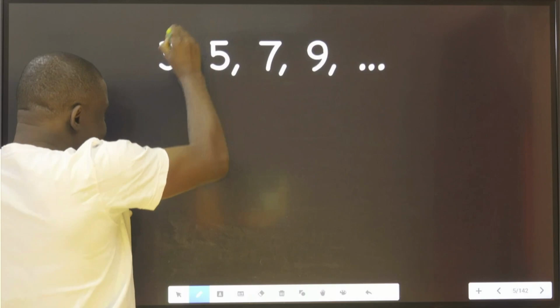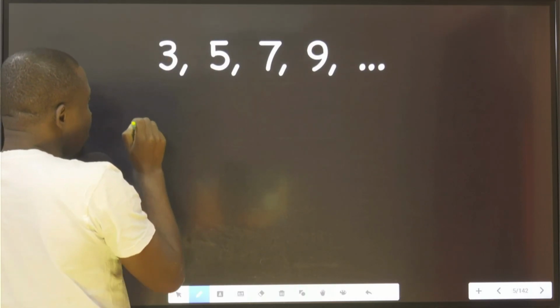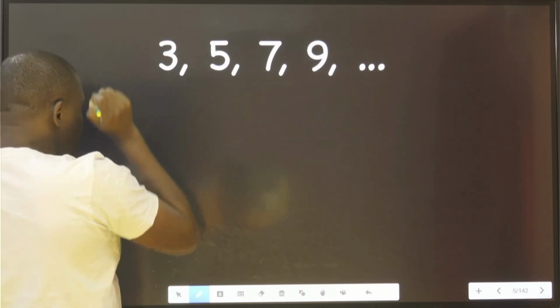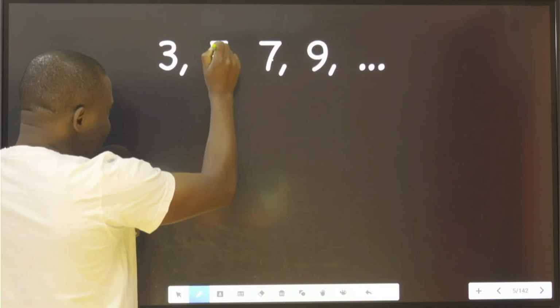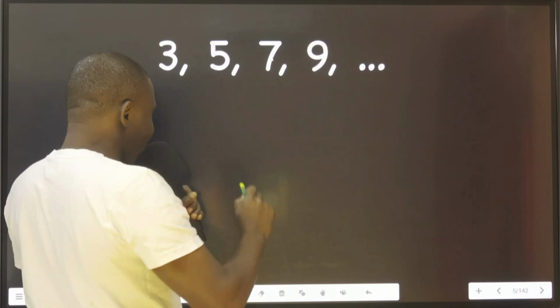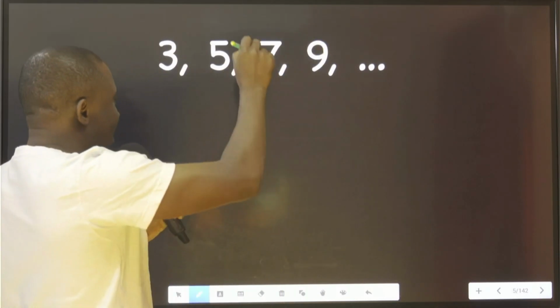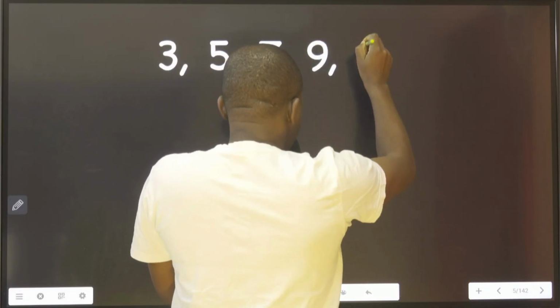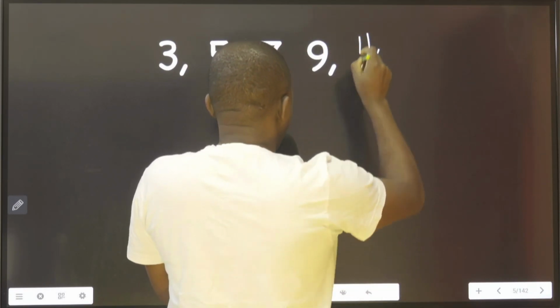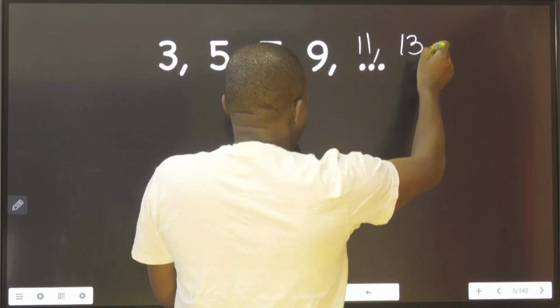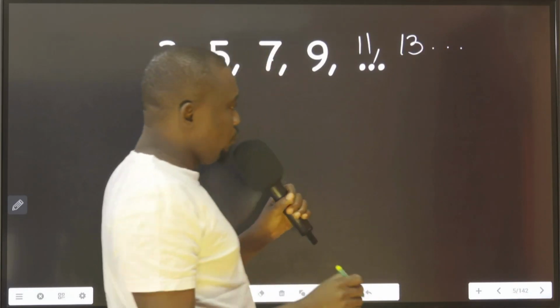To get this term, you need to what? To add 2 to this. That is 5. To have this, you add 2 to this. That is 7. You add 2 to this to have 9. To get the next one, you add 2 to this to have what? 11. To get the next one, you add 2 to this to have what? 13. And so on and so forth.